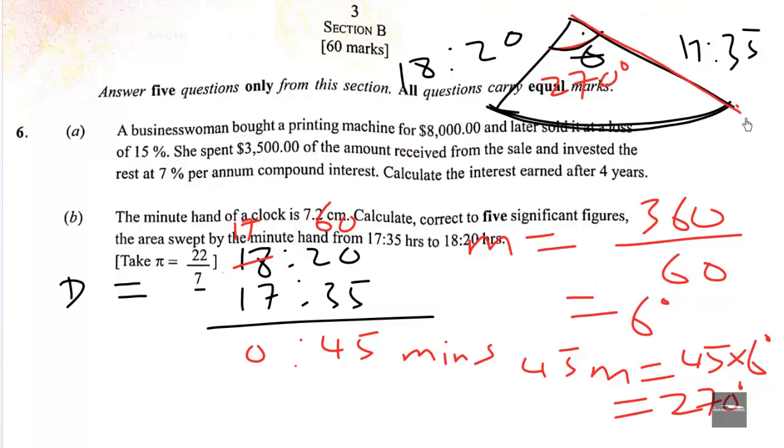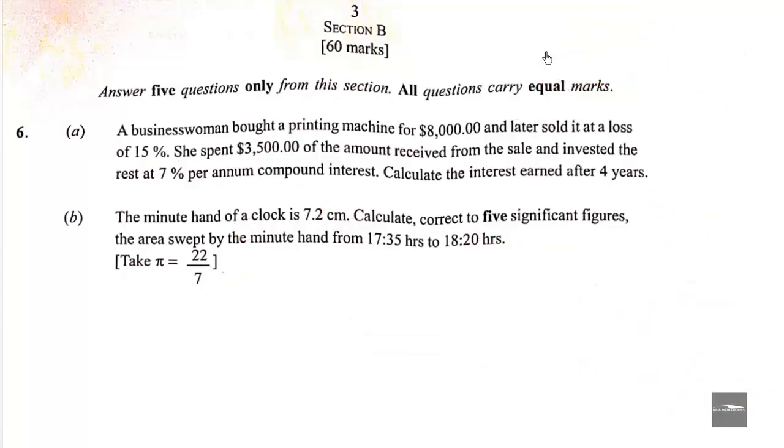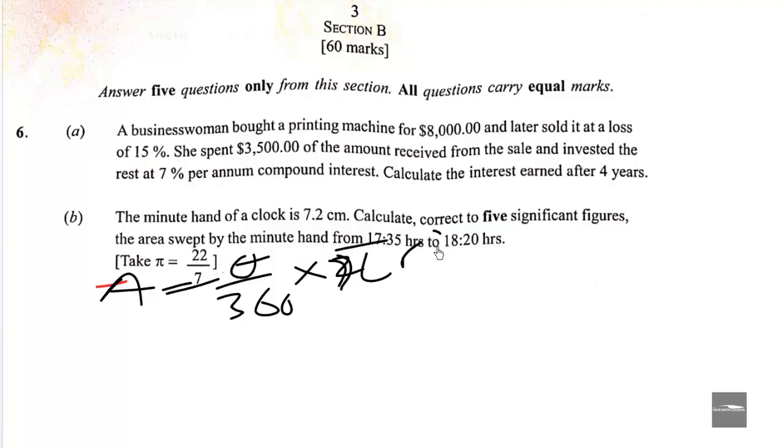And we're told that the length of the radius is 7.2 centimeters. So we can now calculate the area of the sector. The area of a sector is given by A equals theta over 360 times pi r squared.